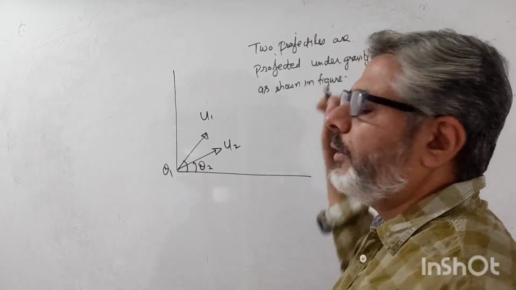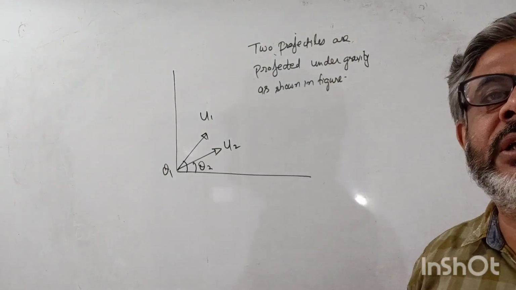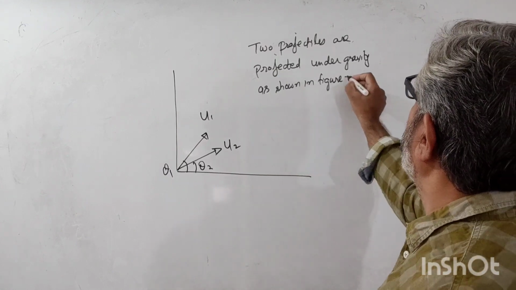So you go on understanding the question also. Two projectiles are projected under gravity as shown in figure.